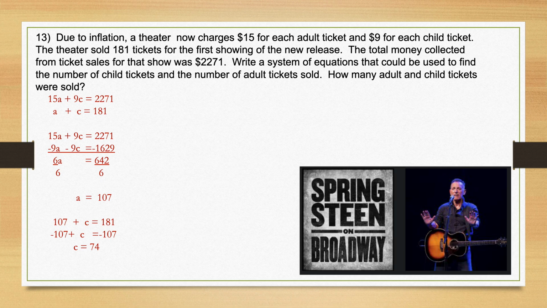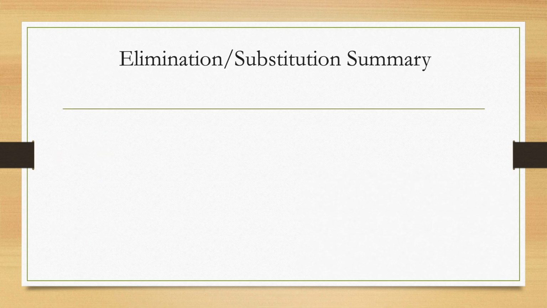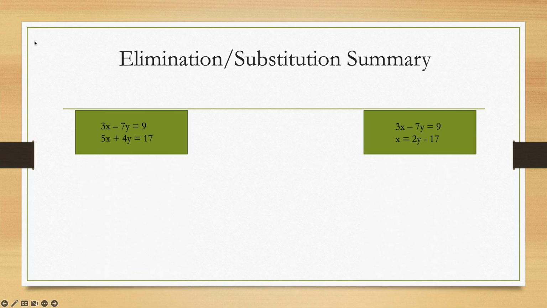What's a theory as to when to use elimination and substitution? If everything is lined up, if I've got x's over x's, y's over y's, equals over equals, numbers over numbers, and of course it could be letters other than x and y, as long as it's like over like, you're looking at elimination.